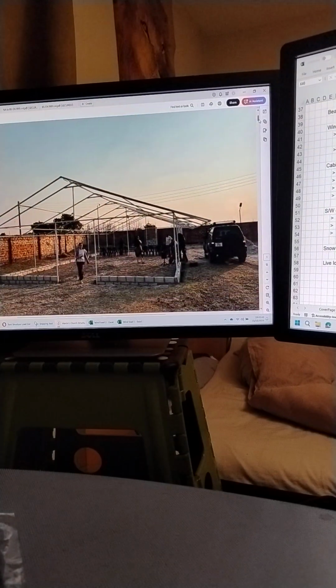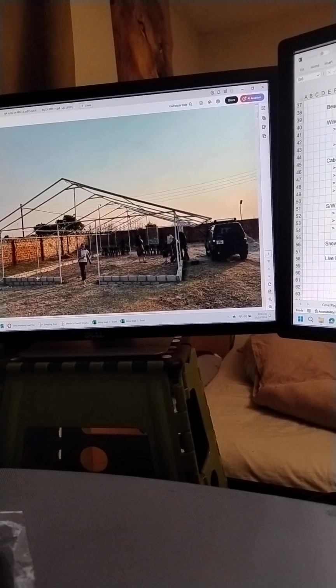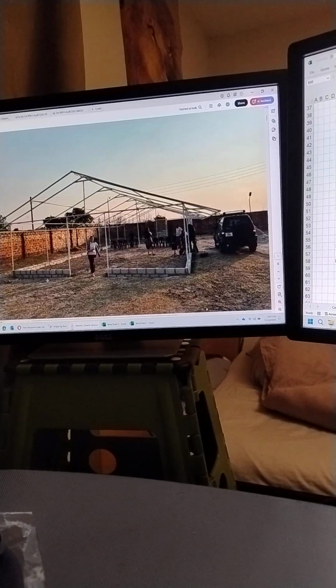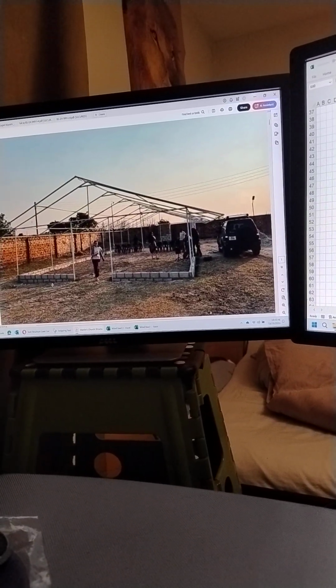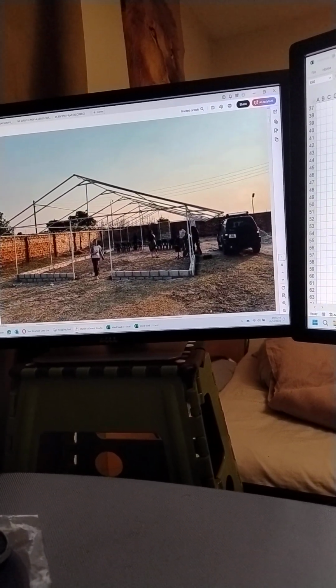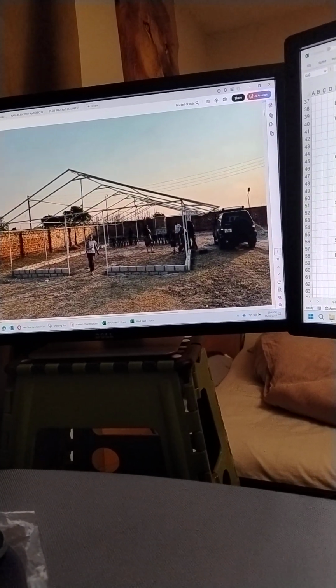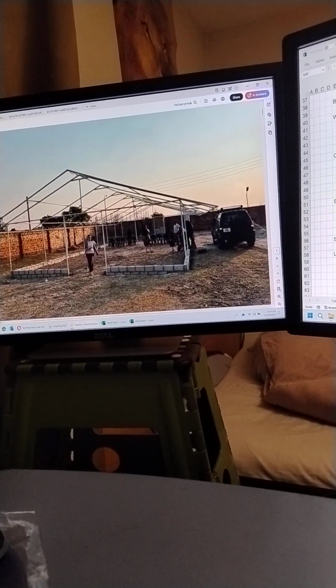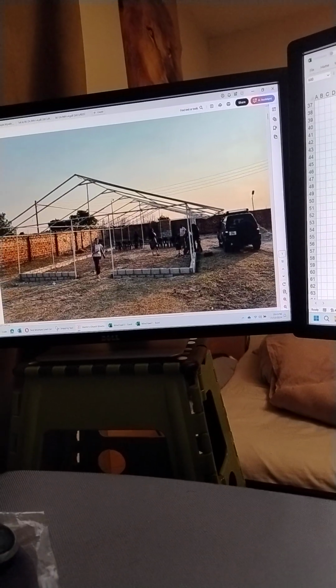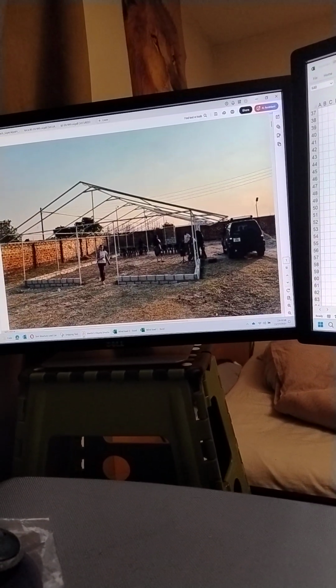It's 1,300 meters above sea level. I've taken gale force winds, I think, 30 miles per hour, 30 meters per second, and then gone through the calculations like I normally do.